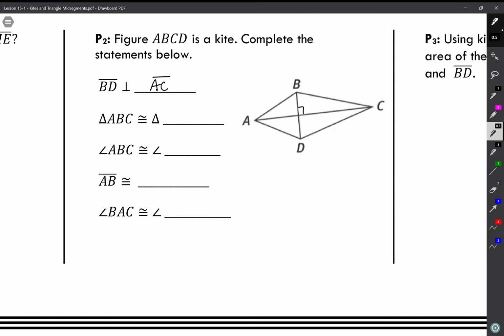All right. Triangle ABC is congruent to triangle ADC. Angle ABC, which is this angle, is congruent to angle ADC.